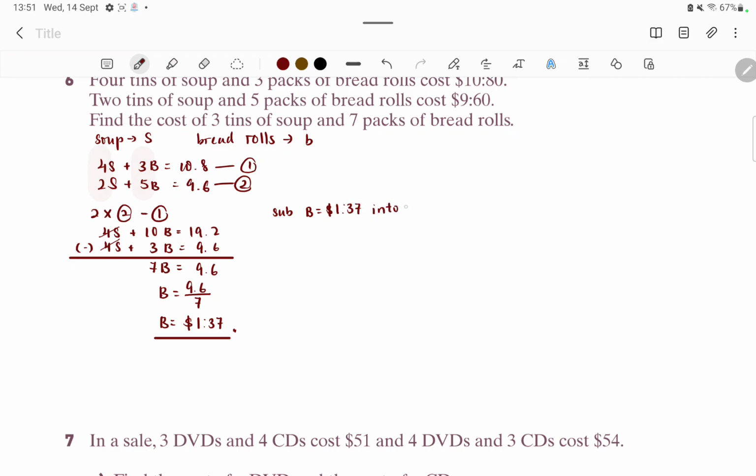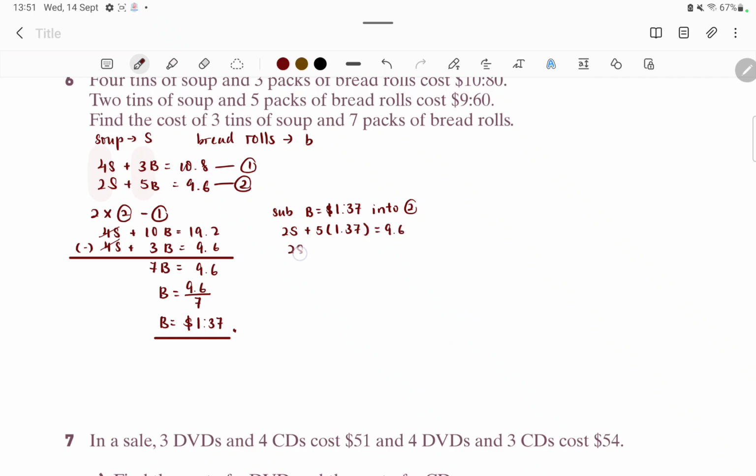So I use the second one. Actually if you put in the first equation also can. So 2s plus 5 times 1.37 equals 9.6.